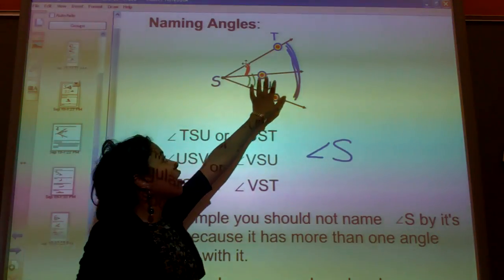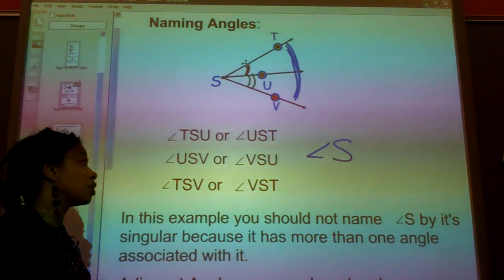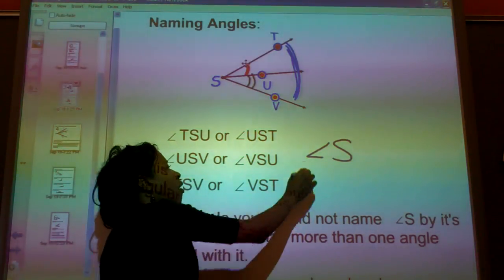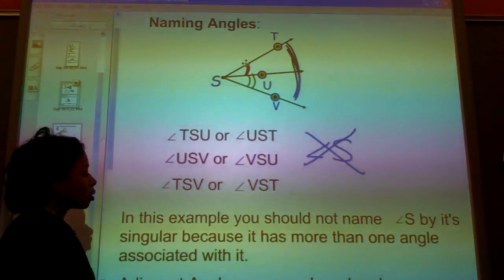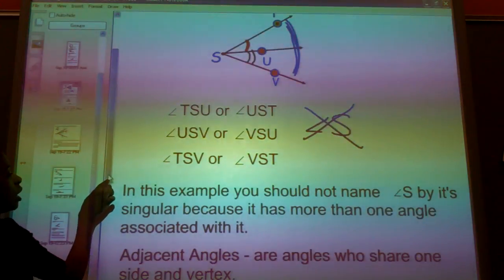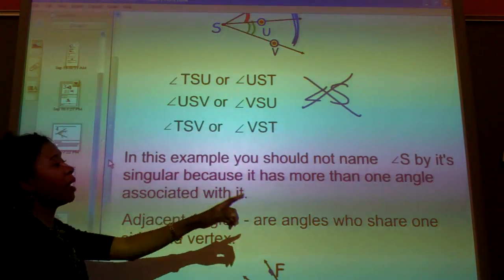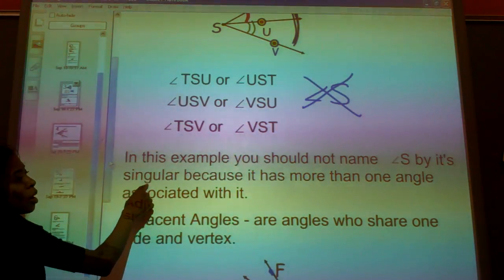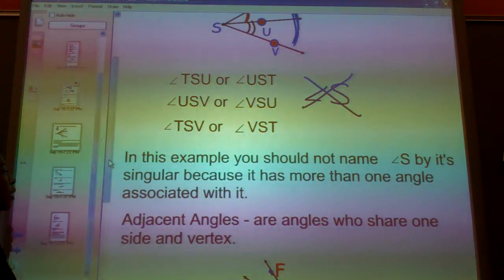When you have a third ray here, like you do on these particular angles, you cannot call that angle S any longer. It's too many different angles connected to one another. As I stated in this example, you should not name angle S by its singular because it has more than one angle associated with it.